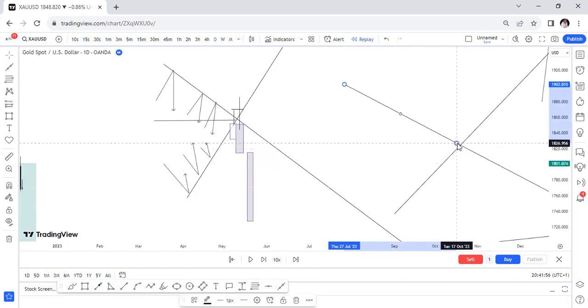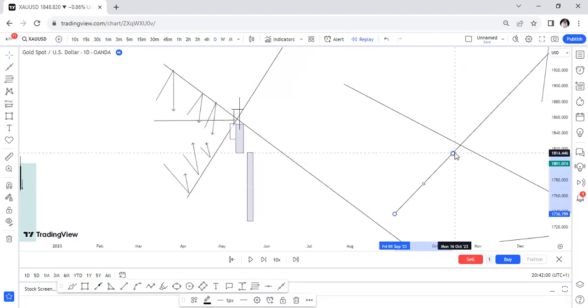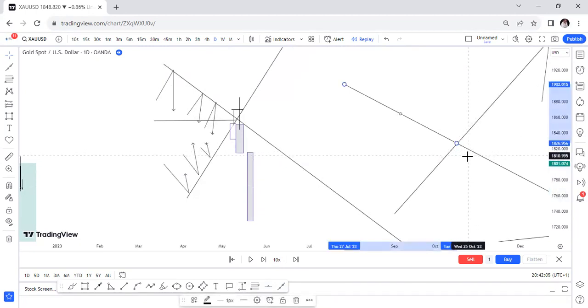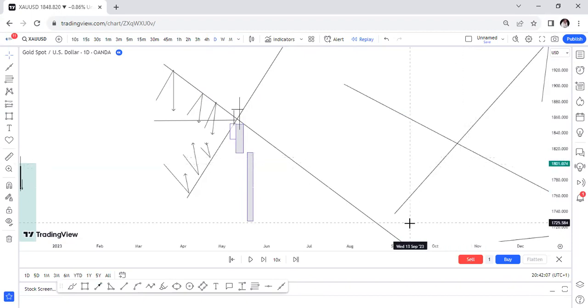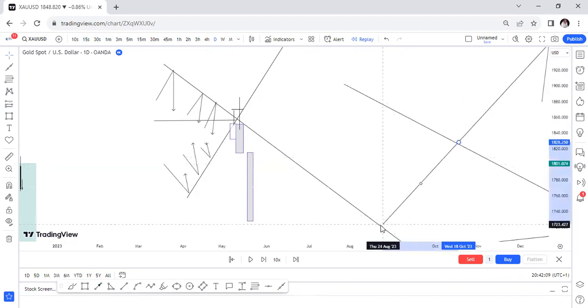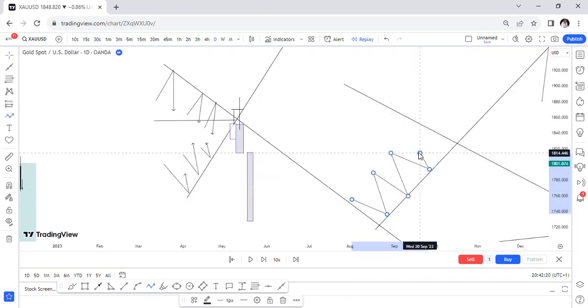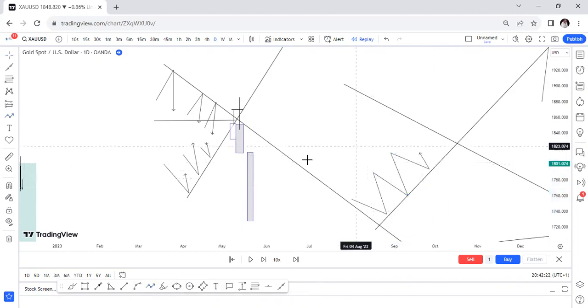Probably you see something like this. Another one crosses like that from there. So that means you want to see something. This is a narrow support level, connected upward.